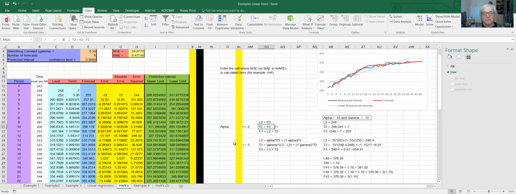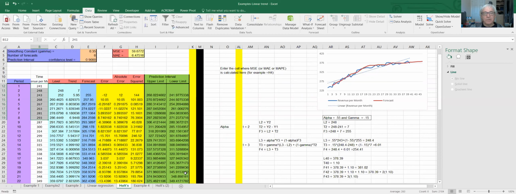Then T2 equals Y2 minus Y1, so 248 minus 241 equals 7. That's how you put it in the template. You put the data here.